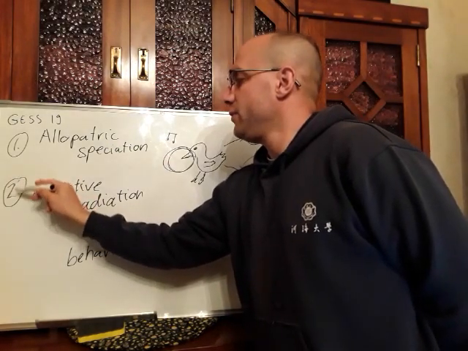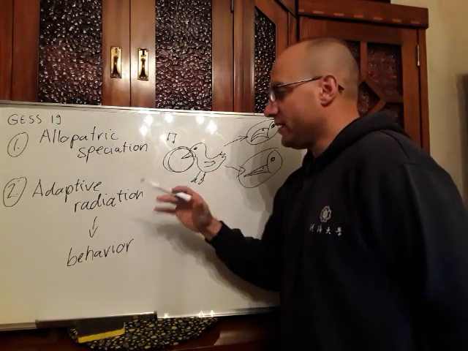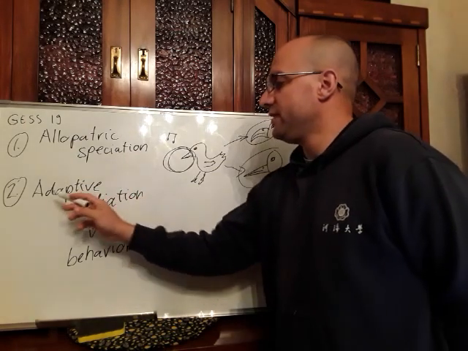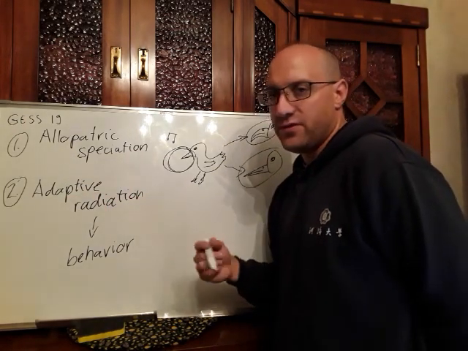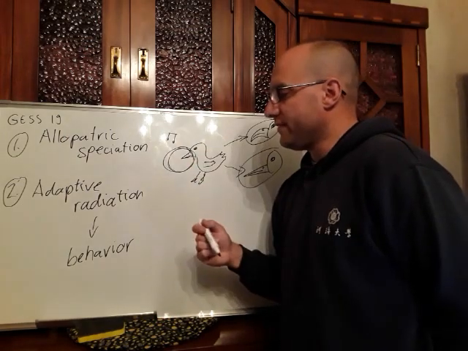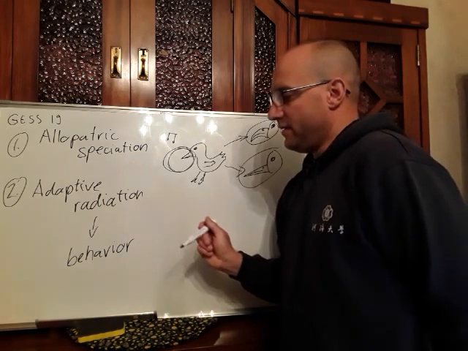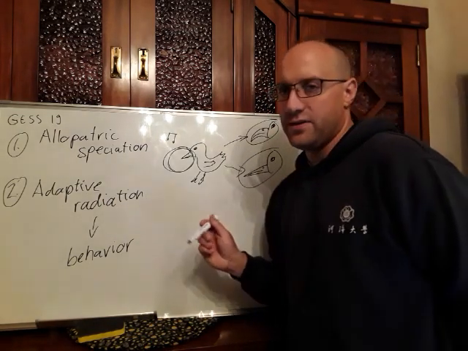And once there are some slightly different populations within a species, these differences would be further developed thanks to adaptive radiation, which is simply about the behavior of animals.